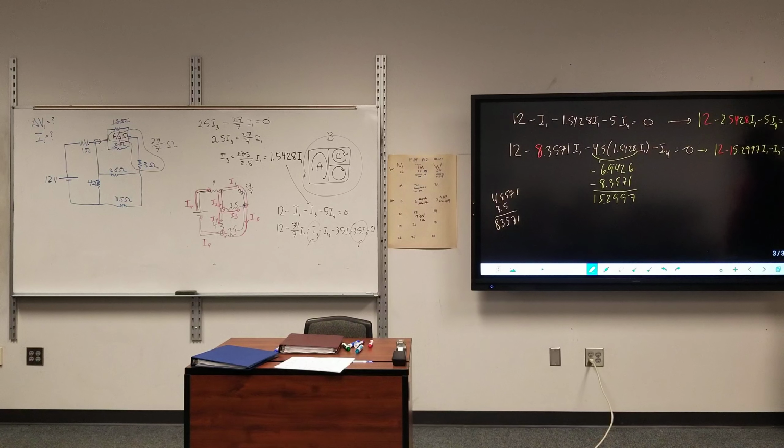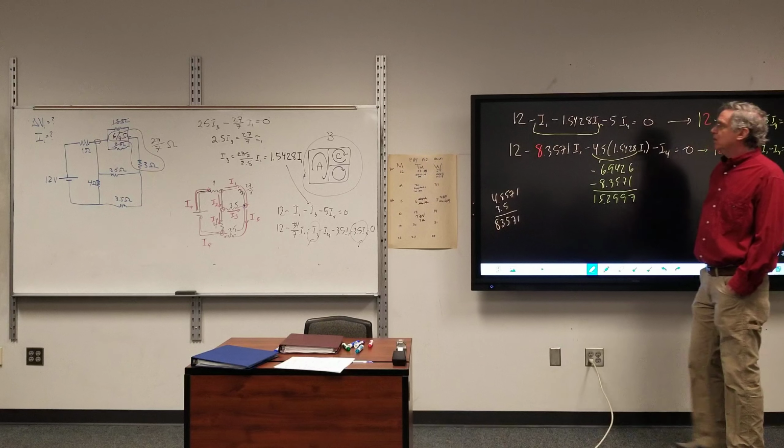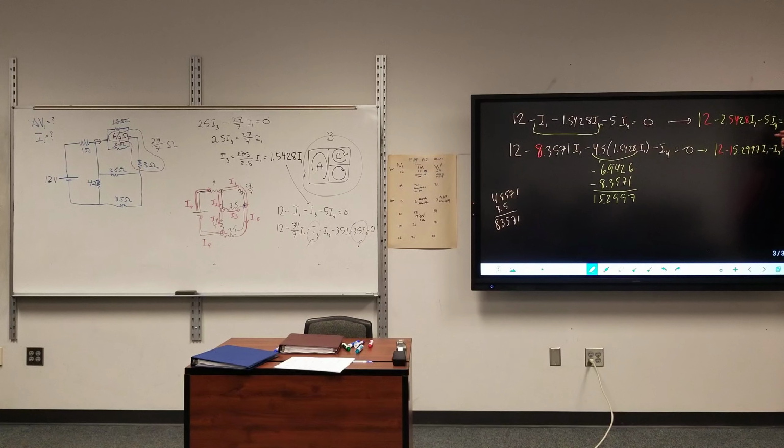What was the first number with the top equation? That's 12 minus 2.5428 I1. That was the combination of these two. Minus 5 I4 equals 0. Some of you might be able to appreciate all the places for a careless error.